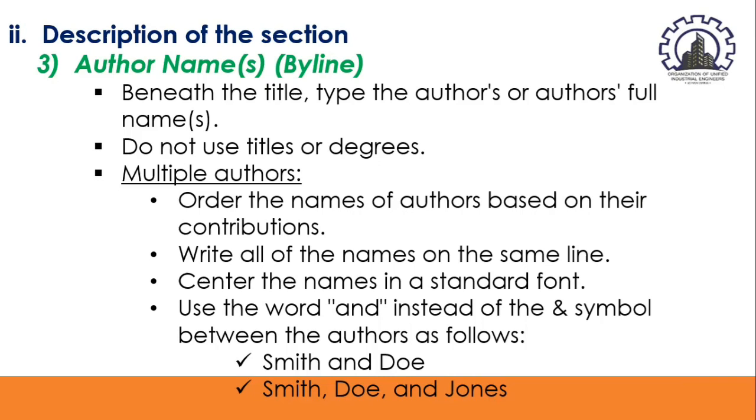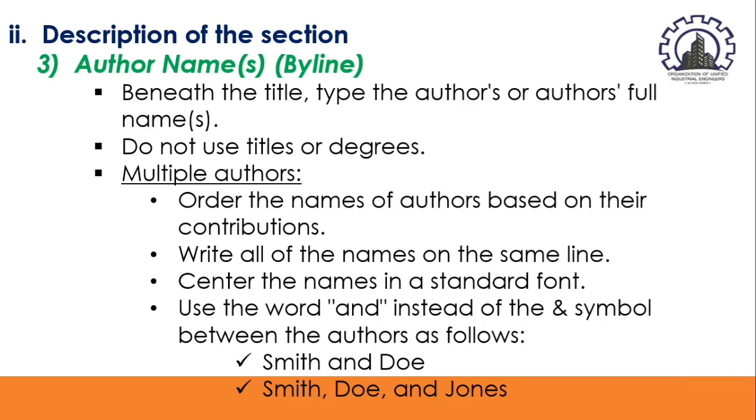And supposing you are not the only author of your research study or thesis study, so you have group members. For multiple authors, how do you order your names then? Well, the ordering of the names of the authors will be based on their contribution. So for example, there are 3 of us in our research study or thesis, okay?